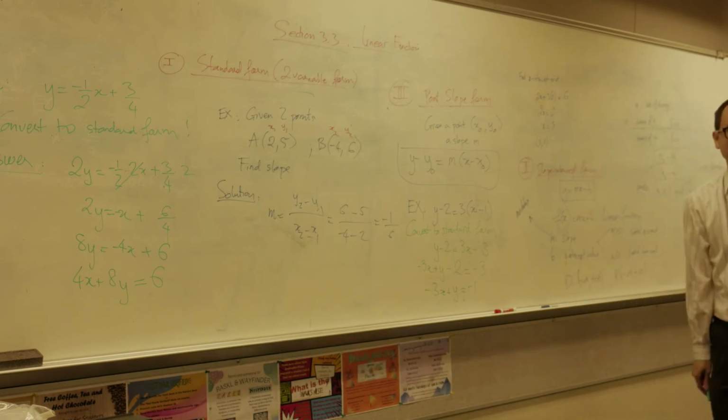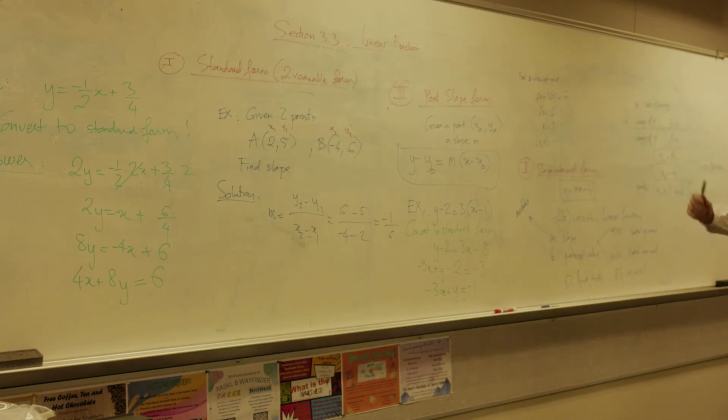You can simplify by 2 if you want to. You can leave it like that. Doesn't matter. Remember, in the standard form the x and the y must be on the same side, and the number on the other side. If the x and the y are on different sides, then you have to do something so that you can bring them to the same side. Good?